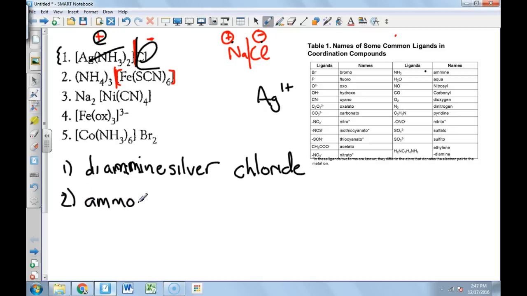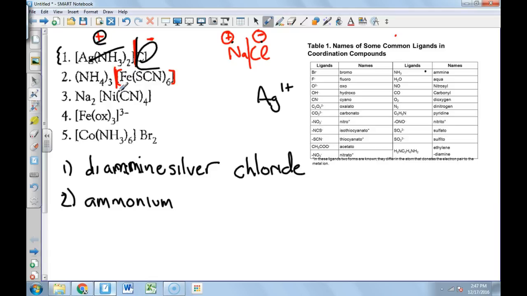So that's ammonium, and we don't put tri in there, because coordination compounds have 2 ions, so we don't have to worry about that.